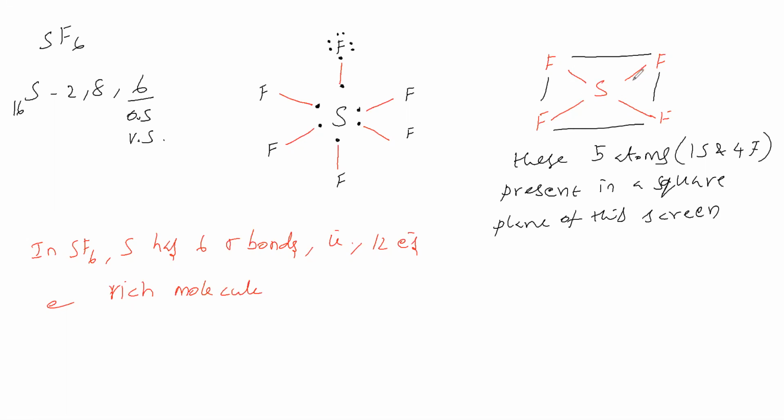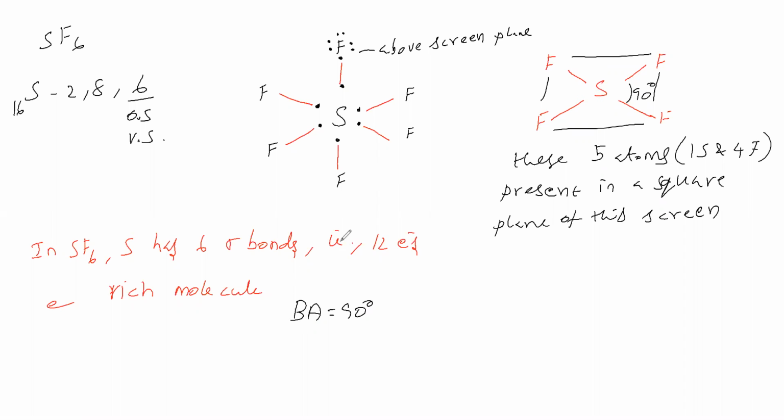So in a square planar, what is the angle possible? 90 degree is possible. Therefore the bond angle is 90 degree, we can say. Then how are the other 2 fluorine atoms present? This fluorine is present above the screen plane, perpendicular to the square planar, therefore it is making 90° with this.